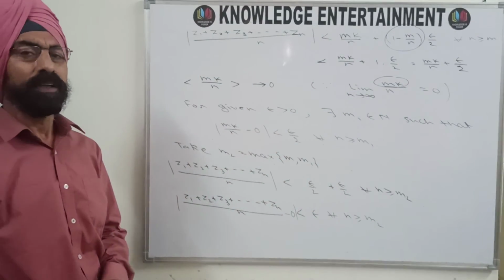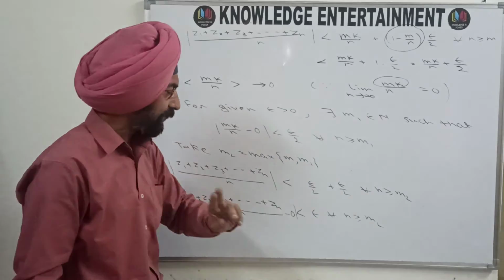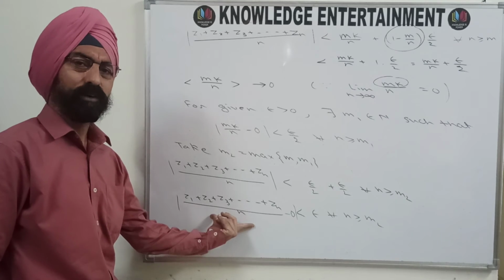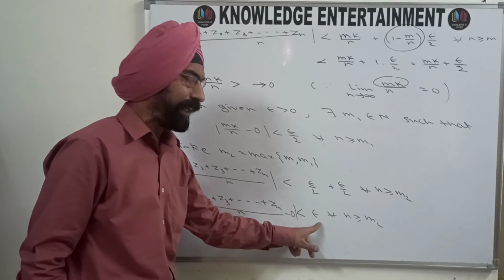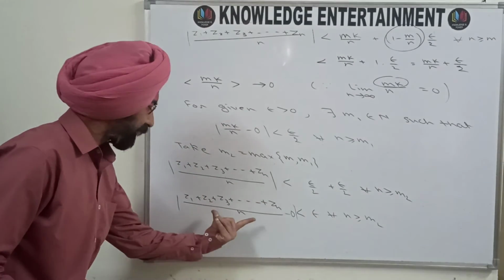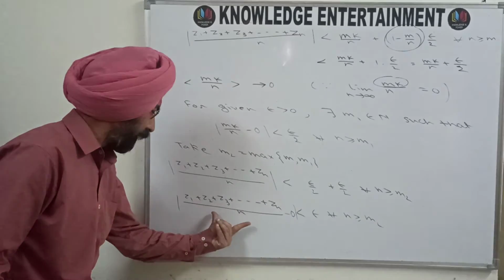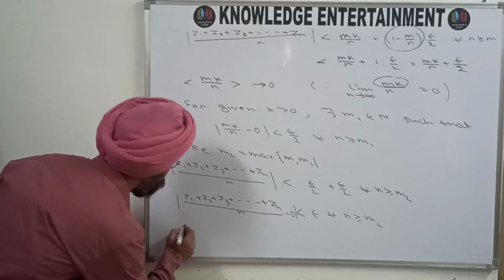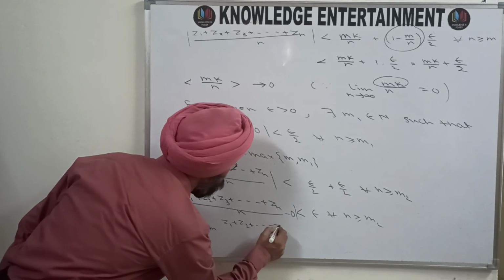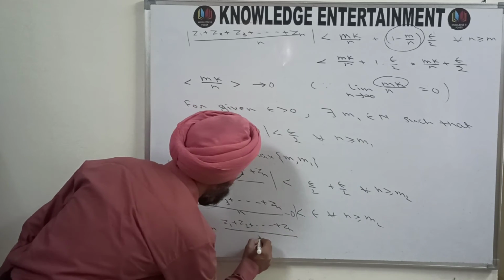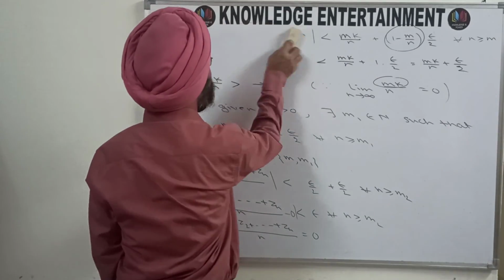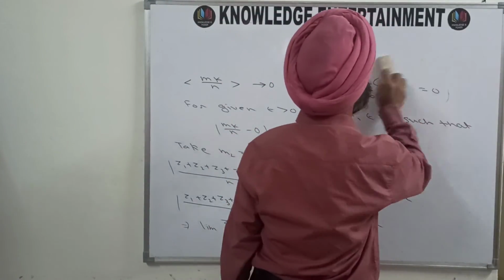That means for given epsilon there exists some natural number m2 such that the nth term of this sequence minus 0 is less than epsilon for every n greater than or equal to m2, and by definition of convergence it reveals that this sequence converges to 0, or you can say the limit of this term is equal to 0. So this means limit of z1 plus z2 plus and so on zn divided by n is equal to 0.